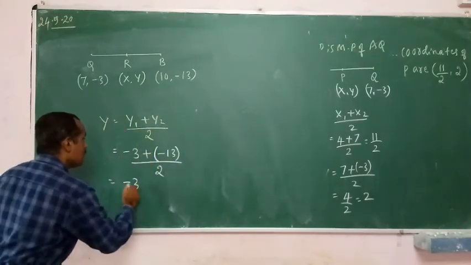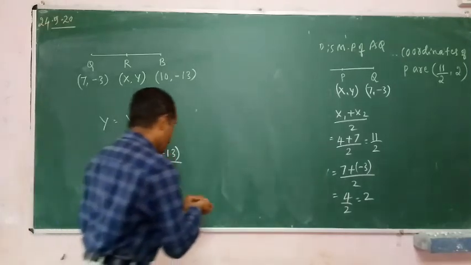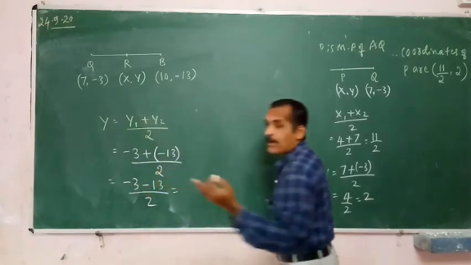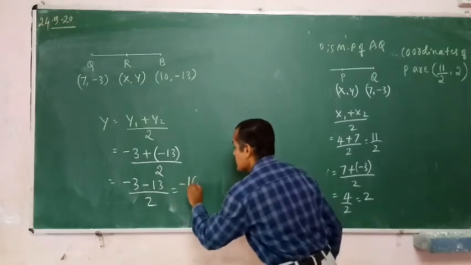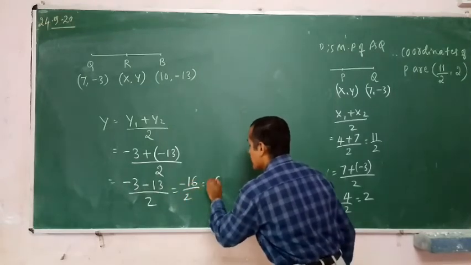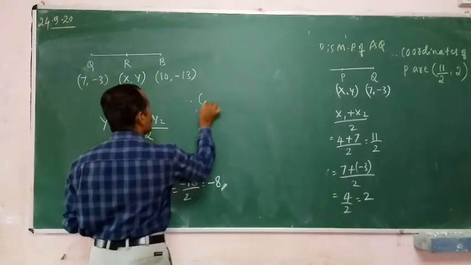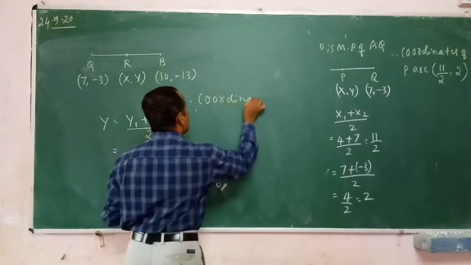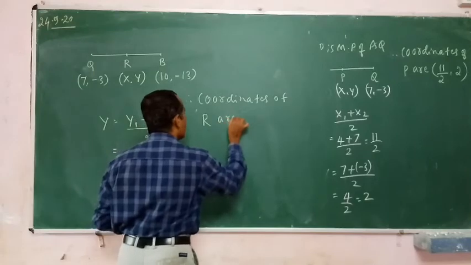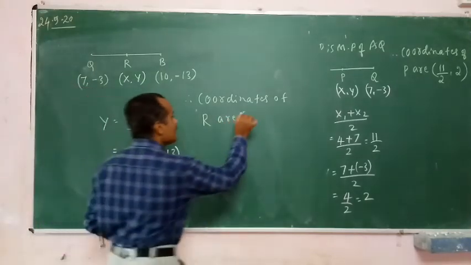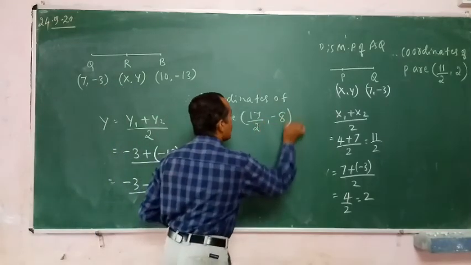Both are minus, so we add the numbers: it is -16 divided by 2, nothing but -8. So we can say therefore the coordinates of point R are: the value of x we got is 17 by 2, and the value of y is -8.